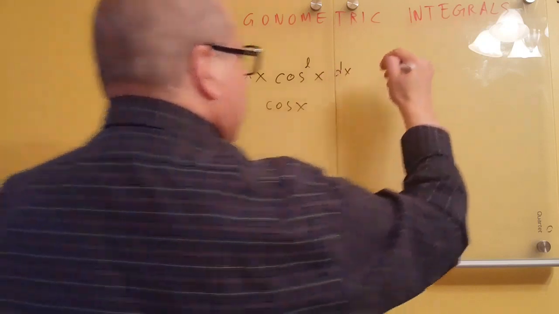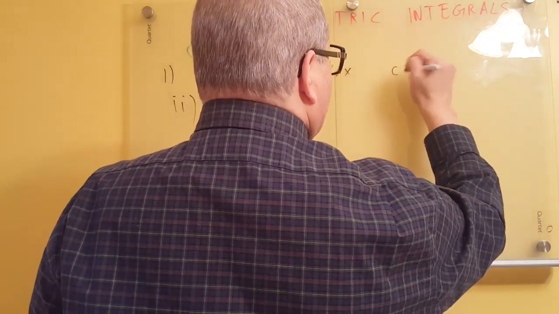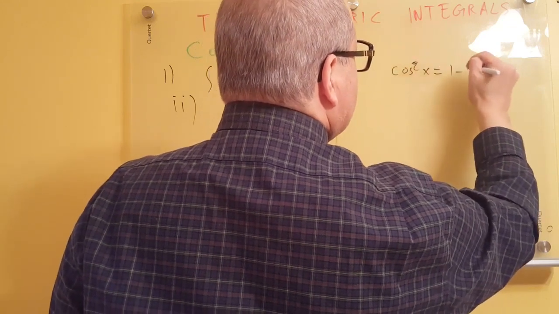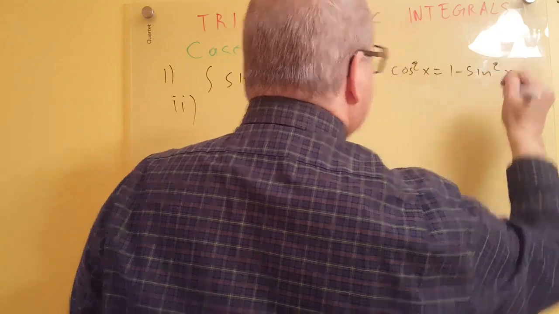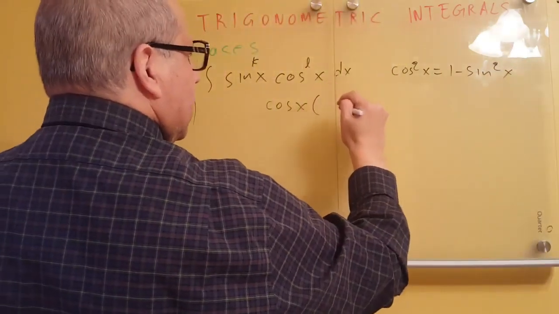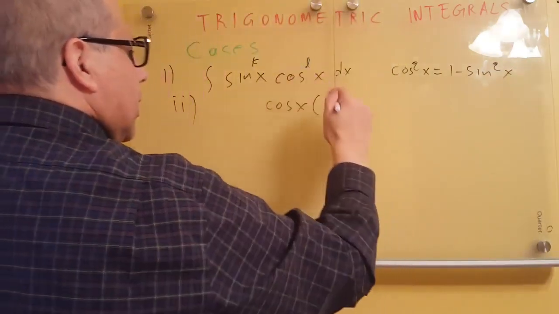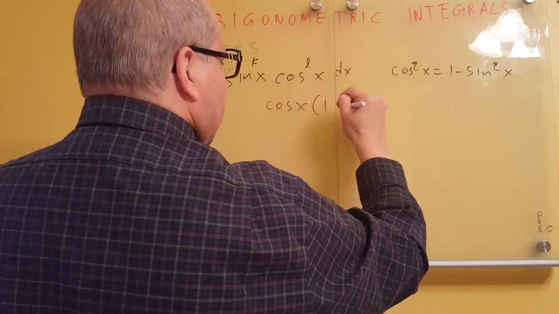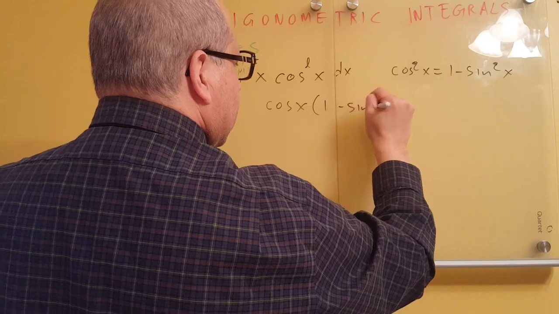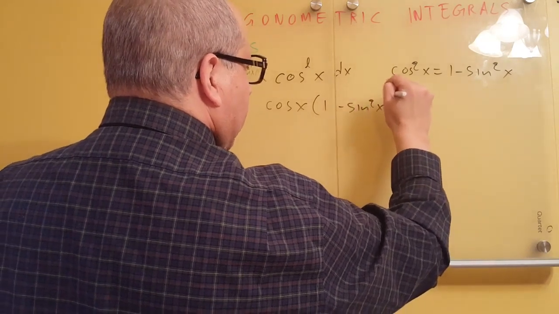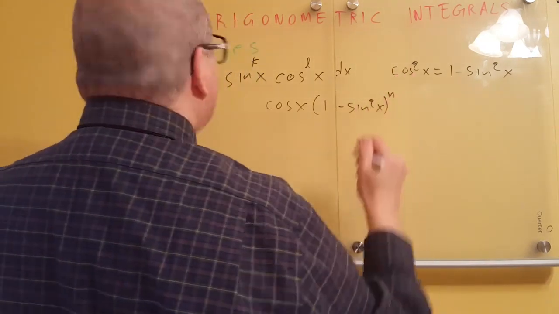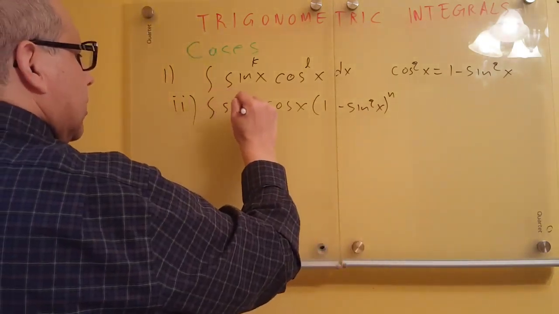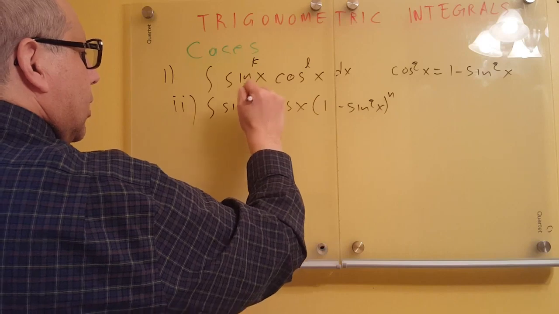And then of course again you use the fact that cos square x is equal with 1 minus sine square x. So you go here and you put the cos square x that you have inside equal with 1 minus sine square x in some power n. And of course here you have the sine x to the k.